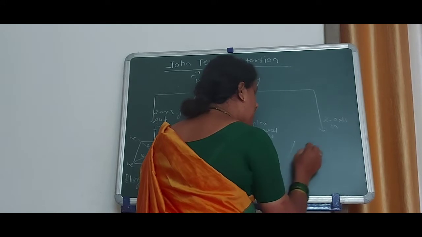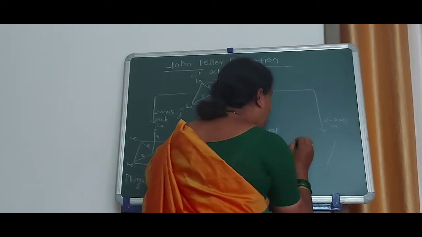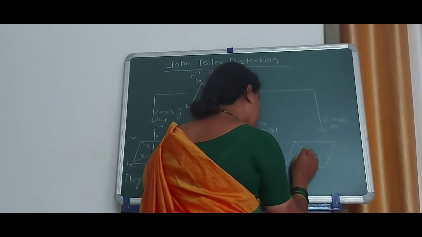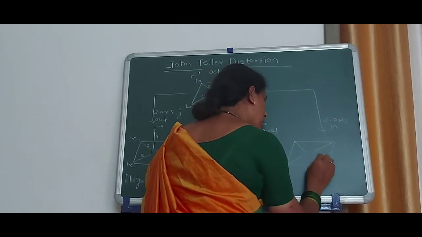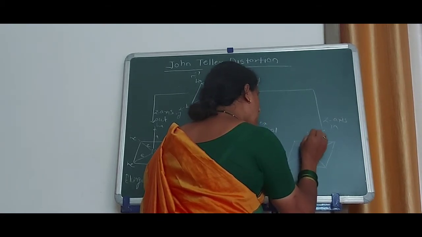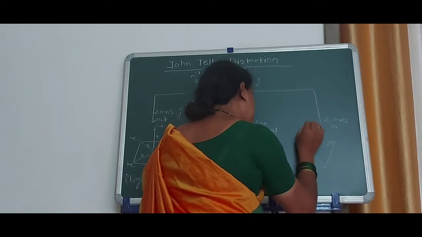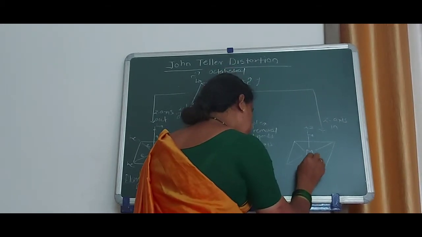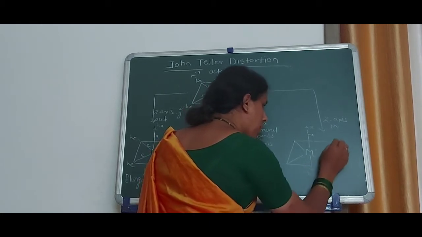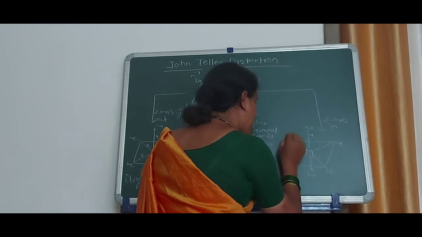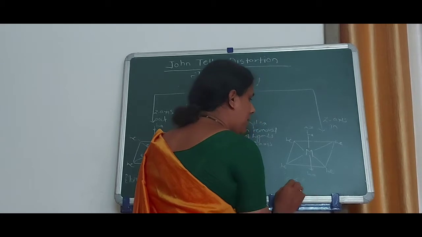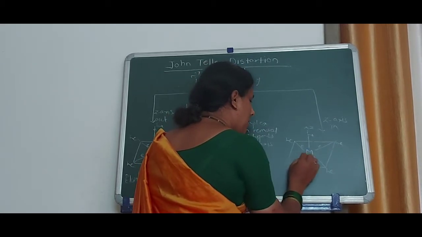See here, there is formation of a contracted octahedral shape, that is, A is less than E. These are the equatorial ligands.